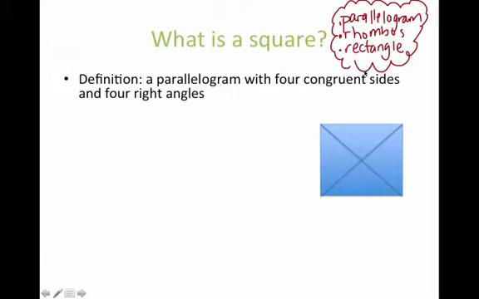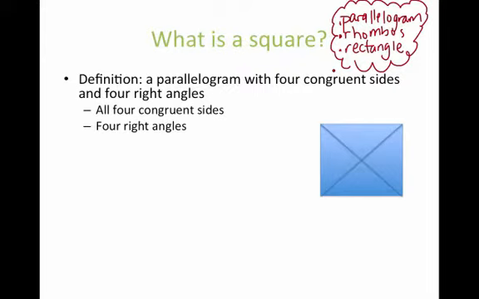So it has a whole bunch of properties. All 4 sides are congruent. It has 4 right angles, which means opposite sides are congruent.